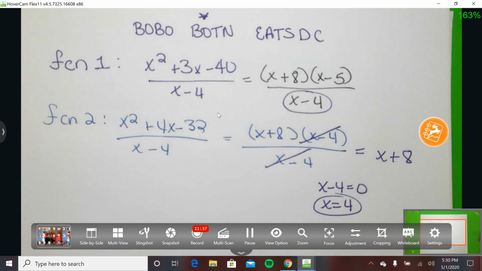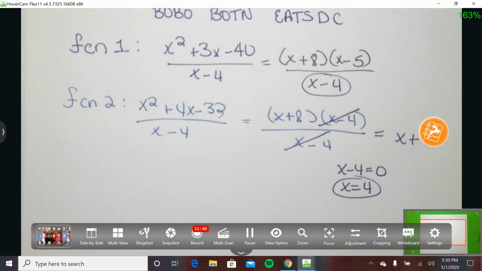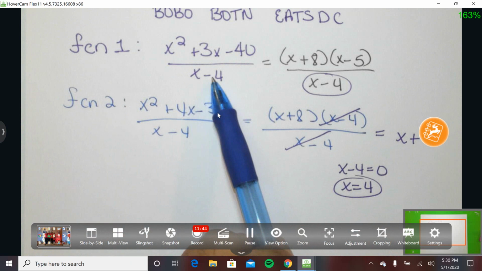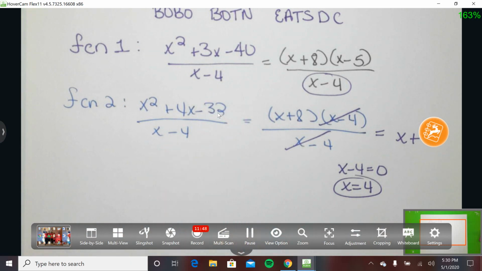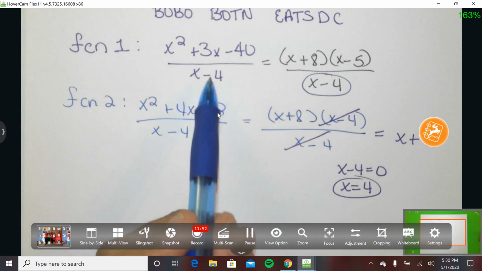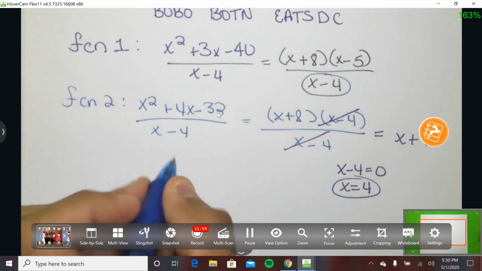And then finally, they both have the same restrictions. Restrictions are basically looking at the denominator. You always want to be careful looking at the denominator. There is a restriction because you cannot divide by 0. So if you look at it, they both have that x minus 4.